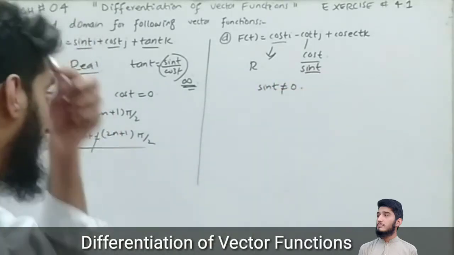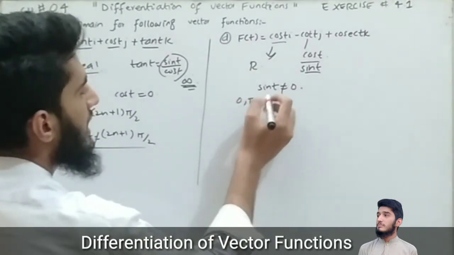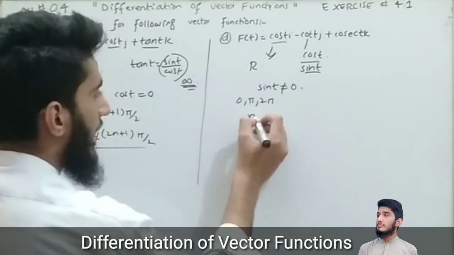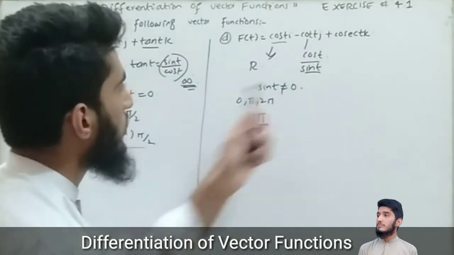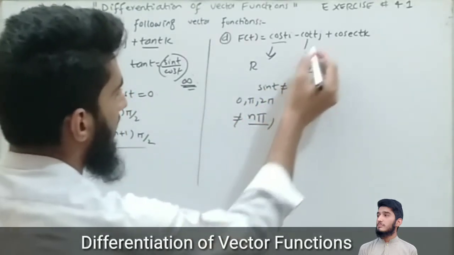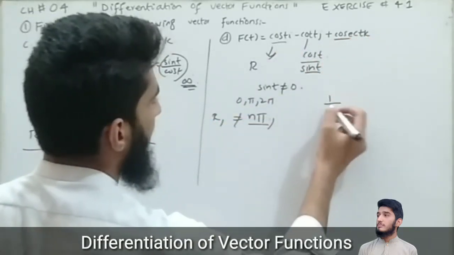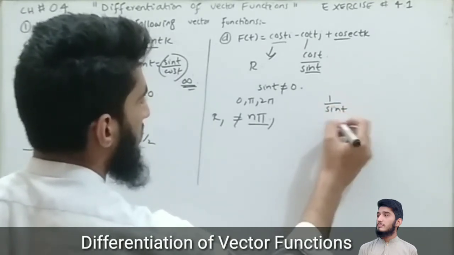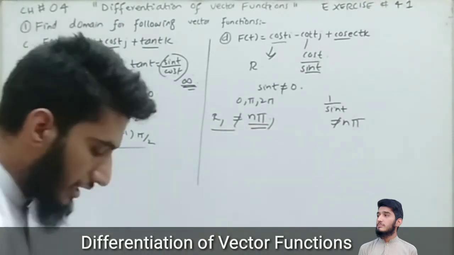You know that sine gives us a value 0 when the angle is 0, π, 2π, so it means the values are nπ. So the domain for cotangent excludes nπ. The domain of cosecant, which is 1 over sin t, again excludes nπ. So the domain is real except nπ for part D.